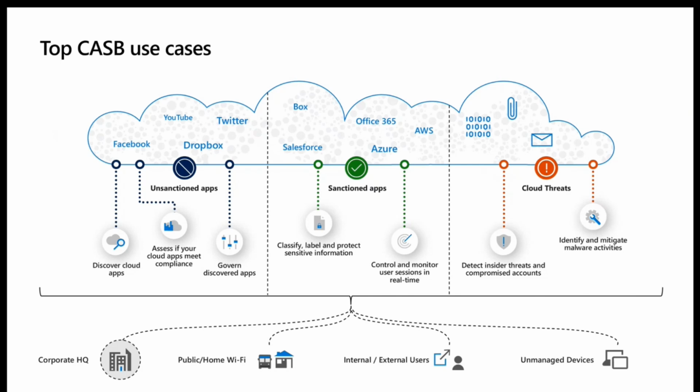You may want to restrict what is being shared, how it's being shared, and to whom. On top of that, we also have the requirement to protect from cloud threats. Now that everything is in the cloud, hackers have new opportunities to enter your applications, and we're able to detect some of the main threats that may impact your environment.